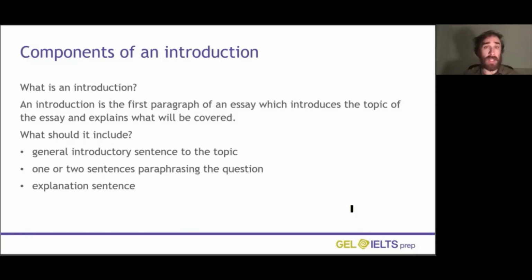Perhaps you will include some of the points you're going to make in your body paragraph. You can then finish your introduction with an opinion sentence. It's always good to put an opinion sentence at the end of your conclusion, but you can do it in your introduction as well. Something that shows your reaction to this issue. Remember, you need to use academic language, but you can still give your opinion.